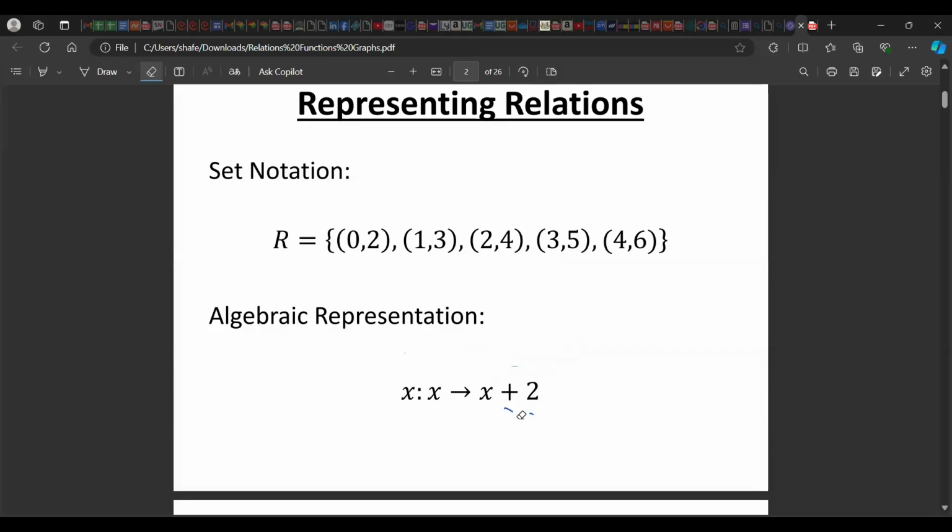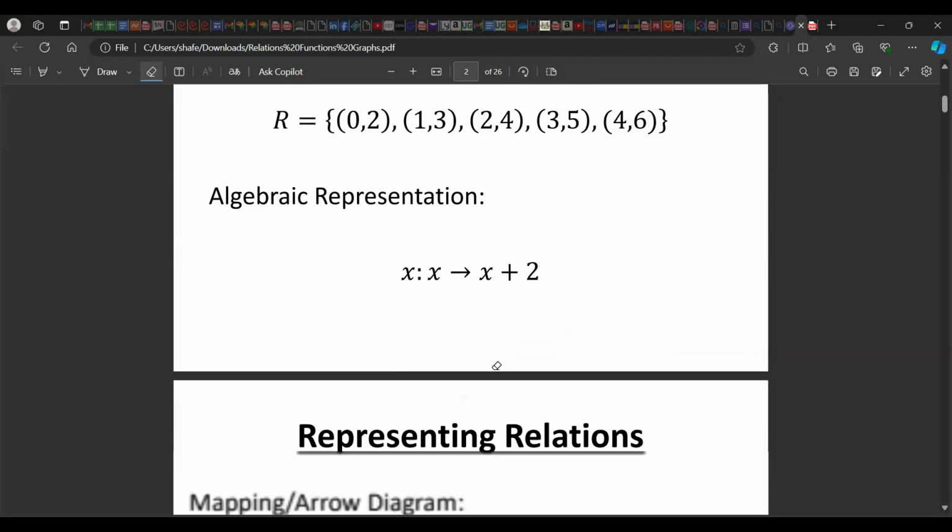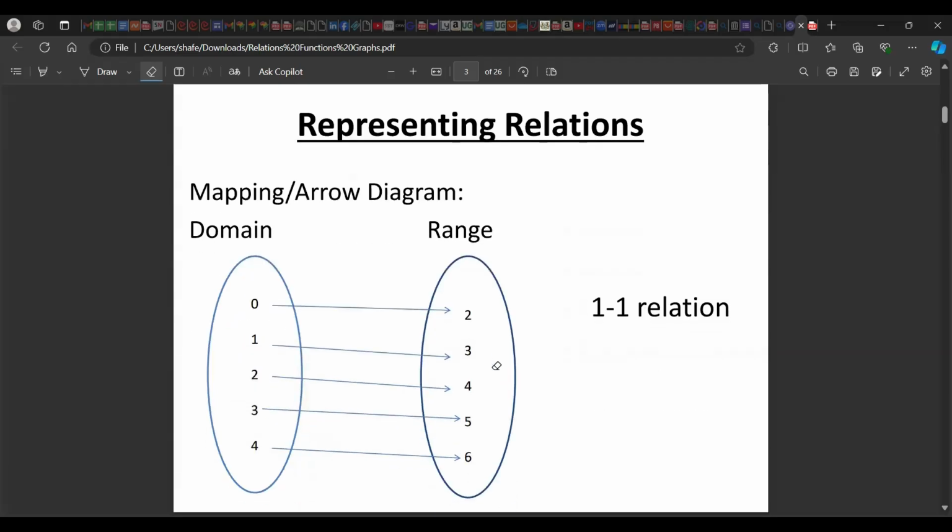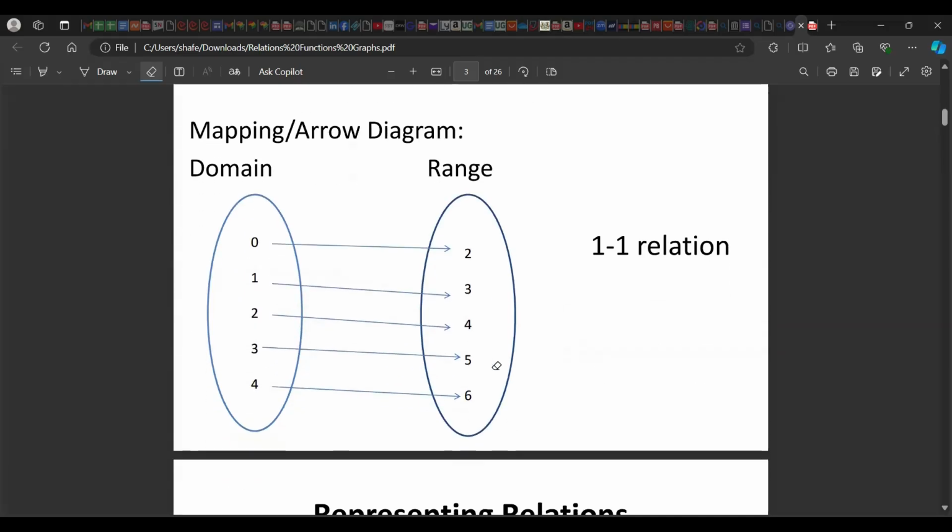And we can even represent this using what we call the mapping or an arrow diagram, as you can see in this picture here, right? So all the members of the domain are in that first loop, and the members of the range are in the second loop.